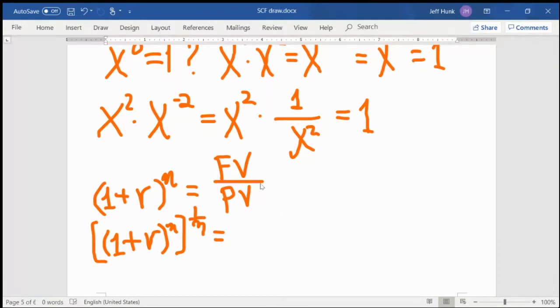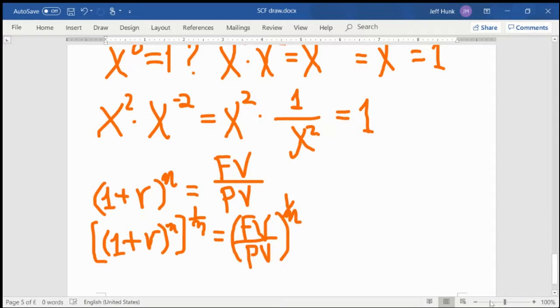So to keep that equality between the two sides, whatever you do to one side, you must also do the same to the other side. So I raised the left-hand side to 1 over n, which means you'll have to raise the right-hand side also to 1 over n.